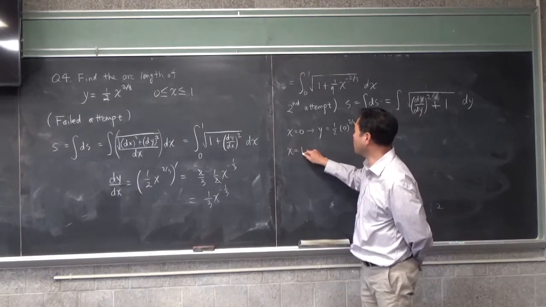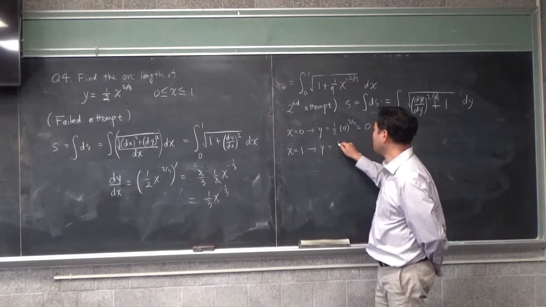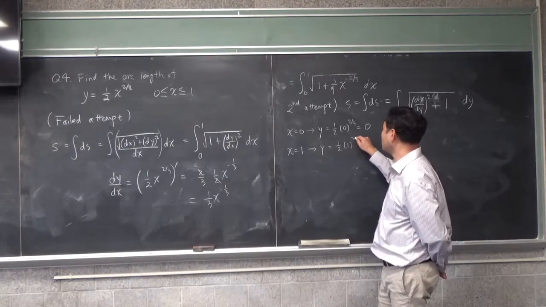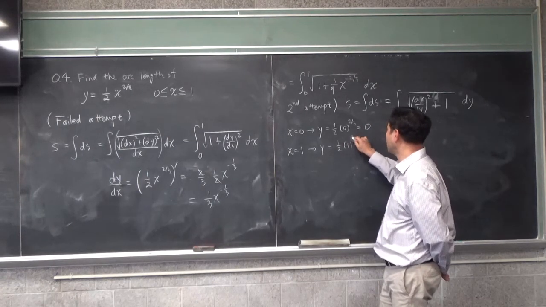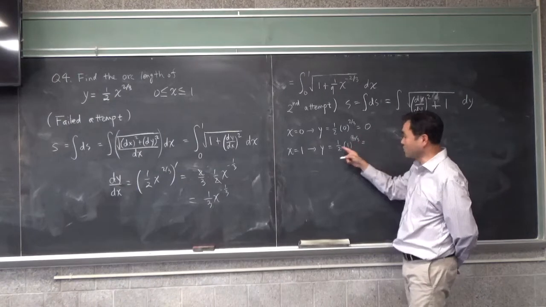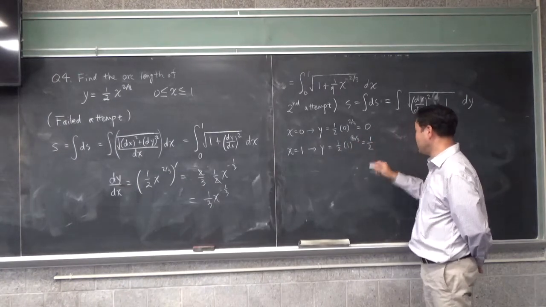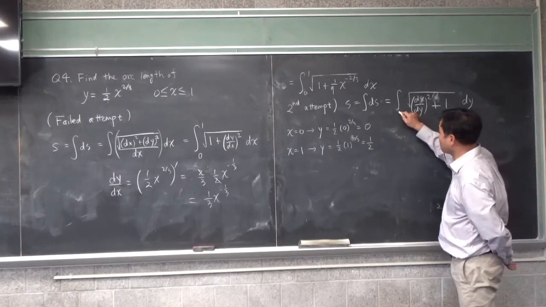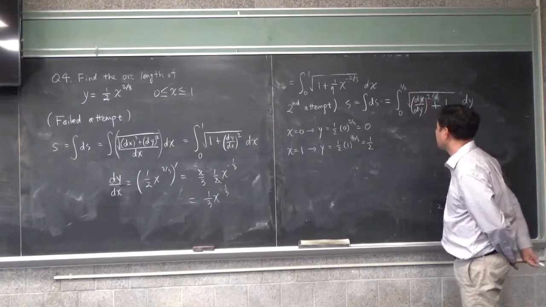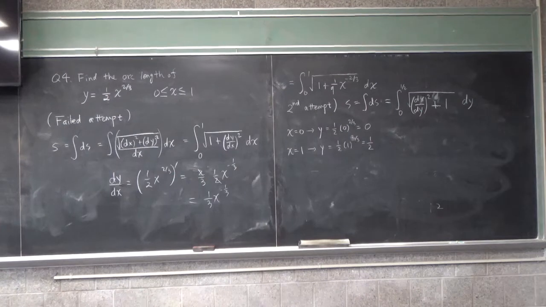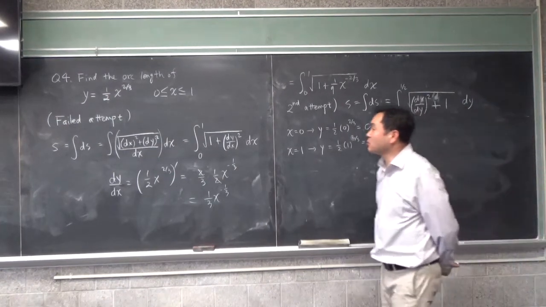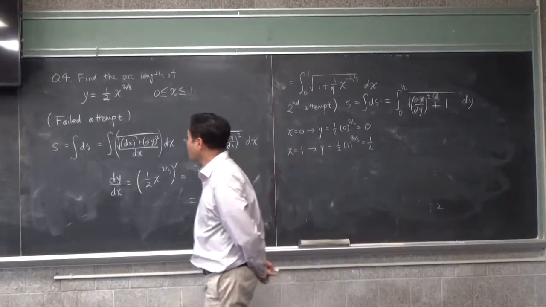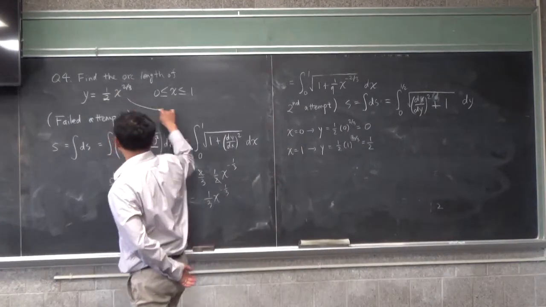When x is 1, y is 1/2 times 1 to the 2/3 power, which is just 1/2. So that's what goes here, 0 to 1/2. But then, what does dx dy mean? It means that you have to think of x as a function of y, which means you have to solve this for x. So let's do that.